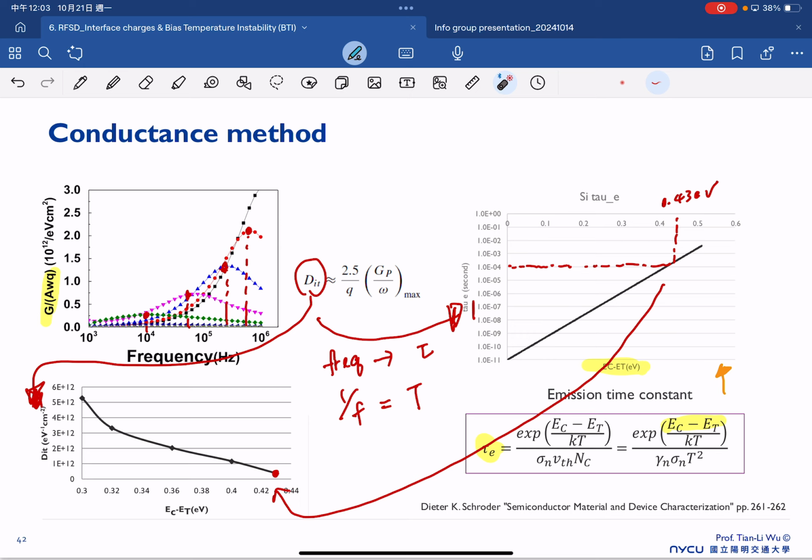So you will have the chance to practice this in homework 3. We will provide some raw data for the DIT, so you can try to estimate the DIT by yourself. The first time to run this method is a little bit painful, but once you go through it once, you will understand.